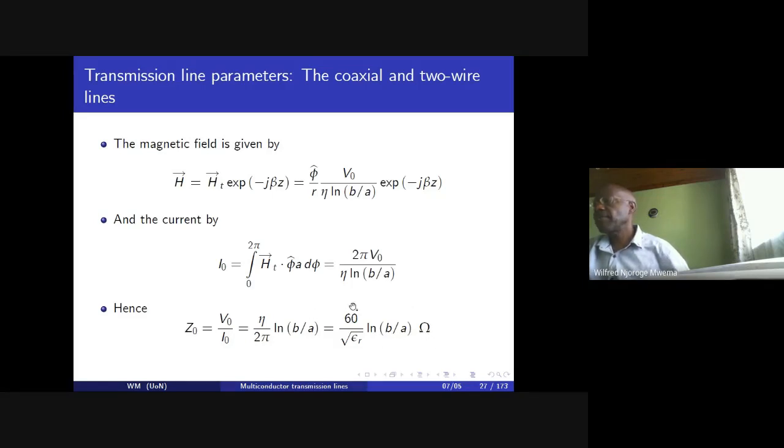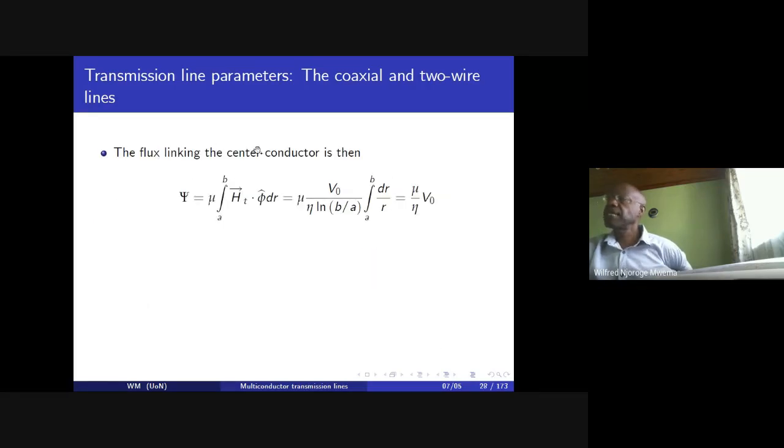The reason I have 60 here is because eta, for an air dielectric, that is eta naught, is 120 pi, and therefore, if the medium is different from air or vacuum, all we have to do is divide the characteristic impedance of free space by the refractive index of the medium, which is root epsilon r. We get that value there.